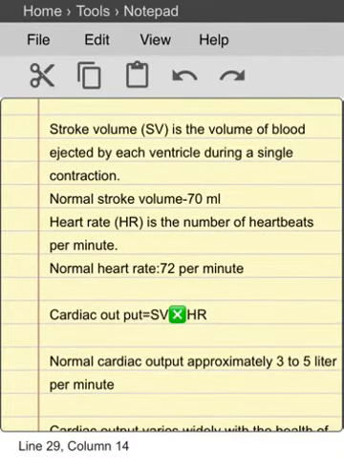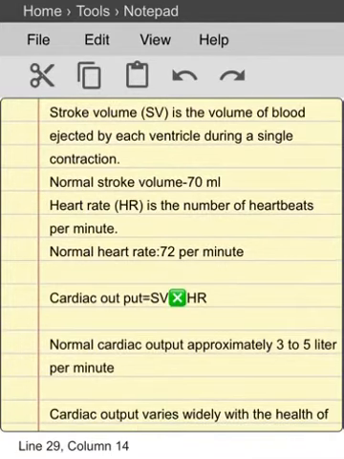Don't get confused. Stroke volume is the volume ejected by each ventricle during a single contraction. Before, when I talked about cardiac output, I said per minute. Here, it is a single contraction. When there is a single contraction of a ventricle, an amount of blood is ejected, that is stroke volume.